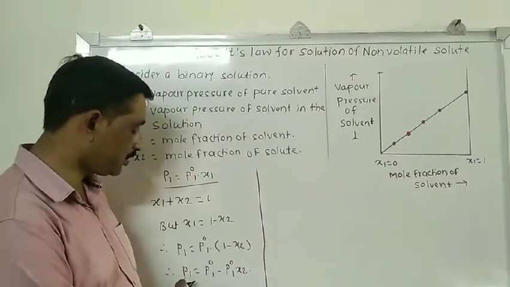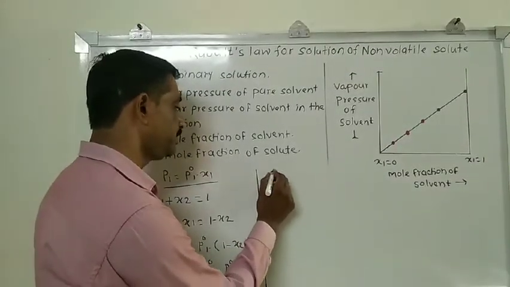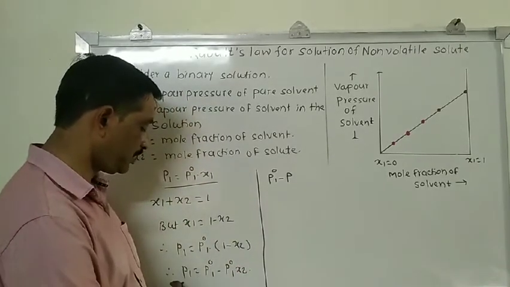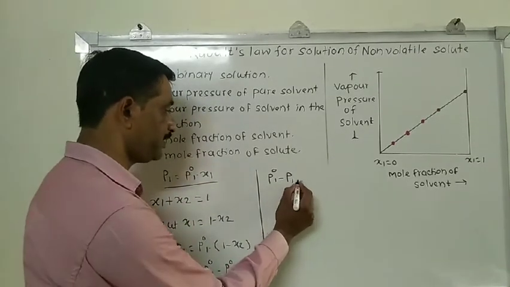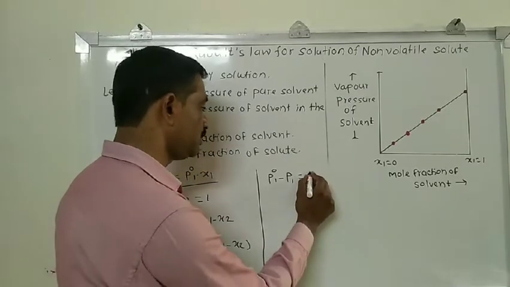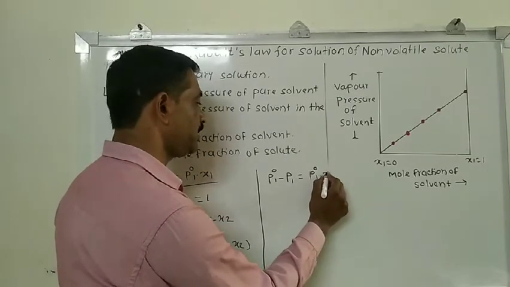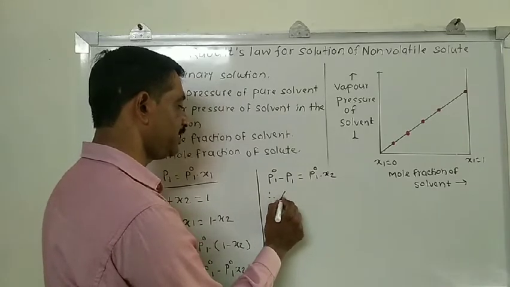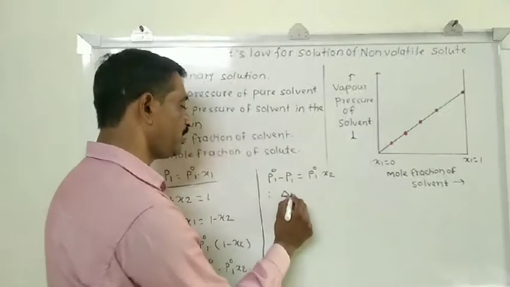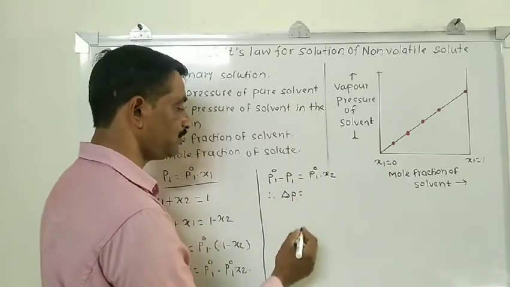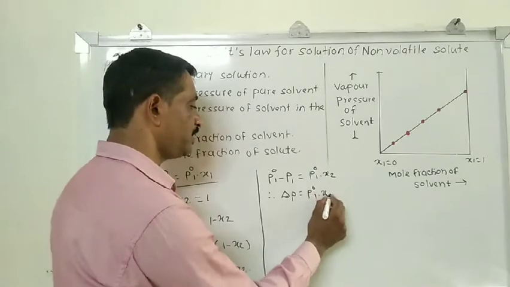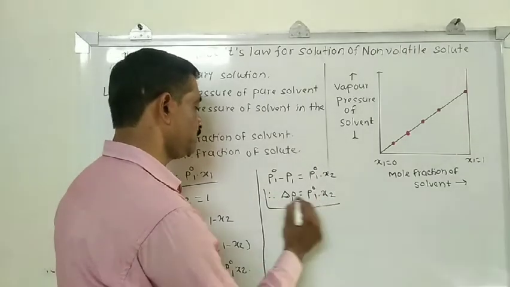Taking this P01 on this side, we get P01 minus P1 is equal to P01 into x2, and therefore P01 minus P1 is nothing but the lowering of vapor pressure, and that is equal to delta P, and it is equal to P01 into x2.